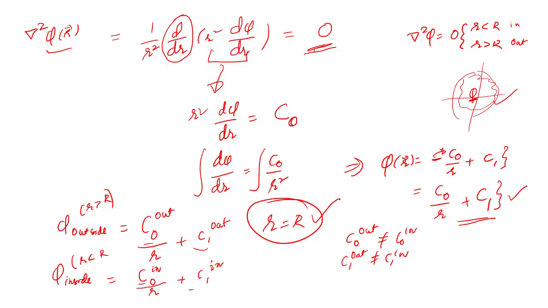So now our goal is to determine what these constants are. Only when we know what those constants are would we know the potential completely, and we also need to include the boundary. So let me rewrite what we found.